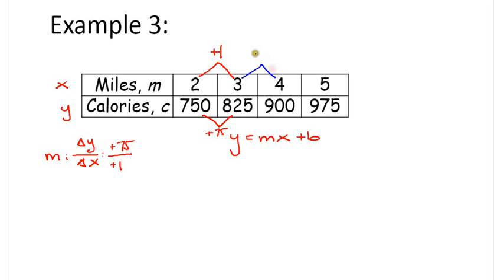So if I go up another 1 here, I should expect, if it's a constant rate of change, that to go from 825 to 900 is 75, and I do. And one more, to go from 4 to 5, again, is a positive 1. So if this is a proportional relationship, then to go from 900 to 975 should go by 75, and that's correct. So my slope, positive 75 over positive 1, is 75.